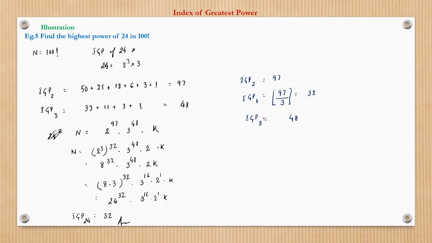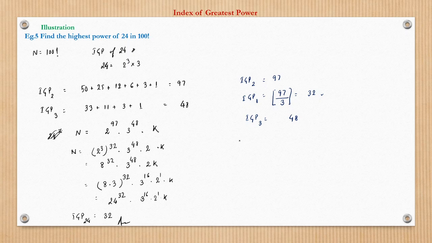We know that 24 is 8 into 3. So what is the maximum power which both 8 and 3 can take, so that 24 has the maximum power? The maximum power is nothing but 32 only, because 32 is present in both 8 and 3. Powers of 8 is 32 and of 3 is also at least 32.